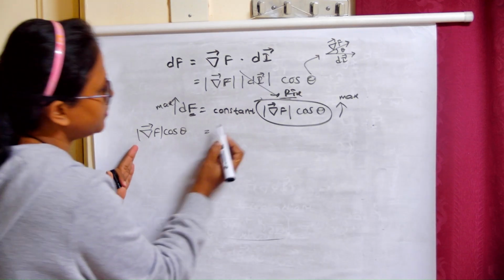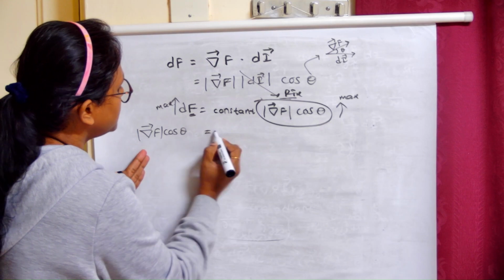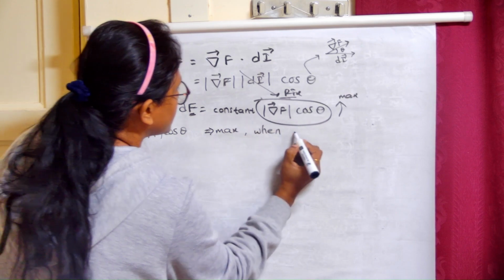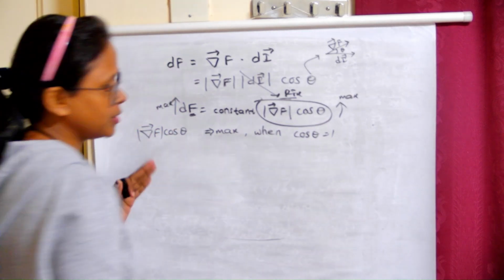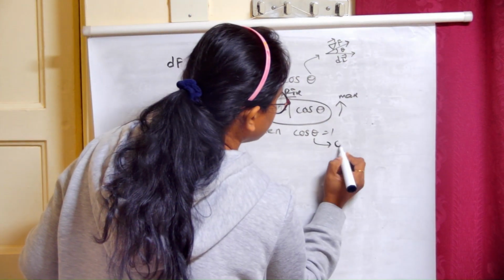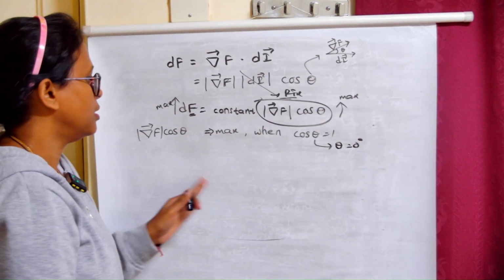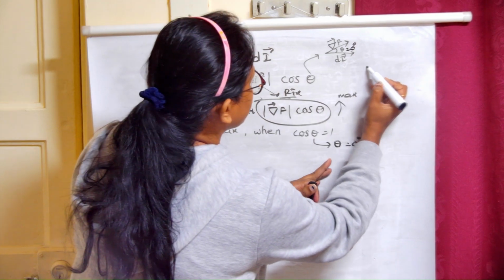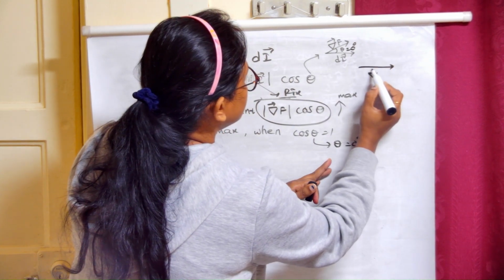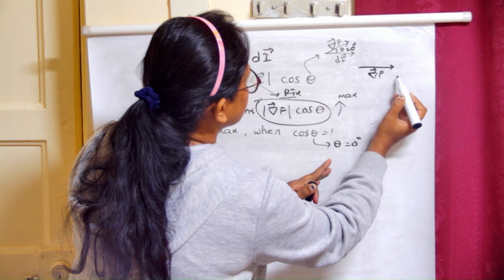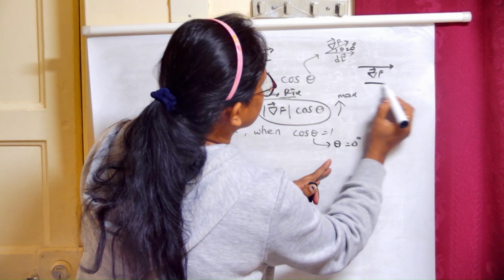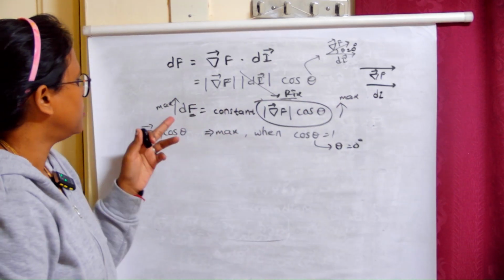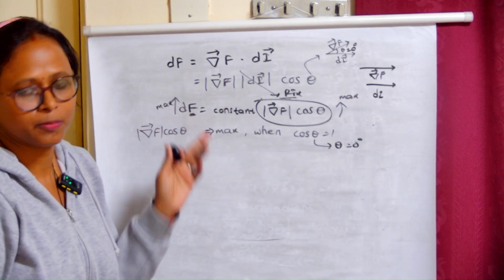So stating that df is maximum, let us write the term: magnitude of del bar f cos theta. It can be maximum only when cos theta is 1, which means that theta is 0 degrees. That means both this gradient of the scalar function and the displacement vector are in the same direction. When they are parallel to each other, we can experience maximum change in the function f.